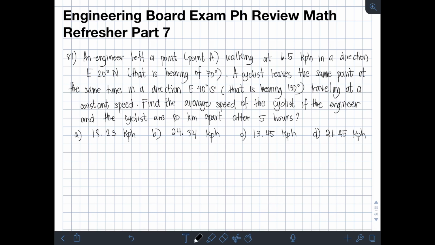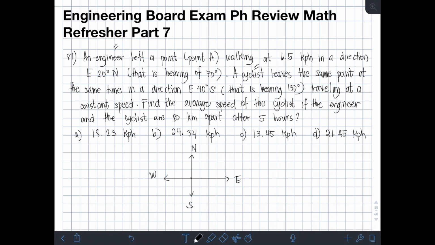Okay, so drawing natin. So meron tayong engineer tsaka cyclist. So dahil meron tayong direction ng kanilang pag-travel, meron tayong bearing, draw tayo ng reference direction natin. So let's say ito ay north, south, west, east, right?